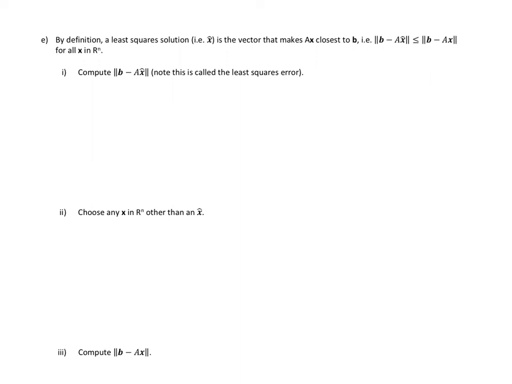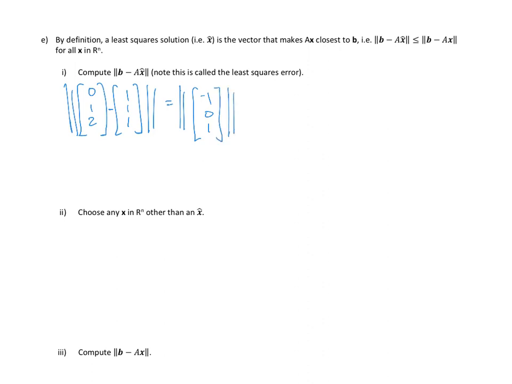So I'm going to do b minus A x hat. So b was 0, 1, 2. A times x hat was 1, 1, 1. And I want to take the length of that, negative 1, 0, 1. So I'm finding the length of z here. So that's the square root of 1 plus 0 plus 1, square root of 2.